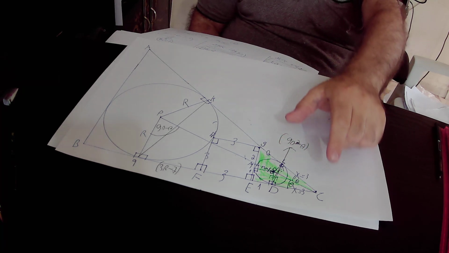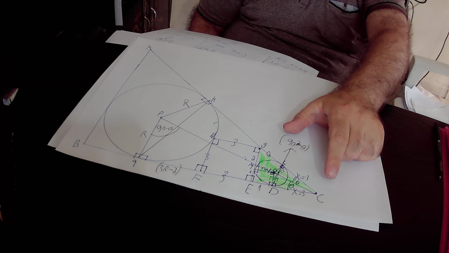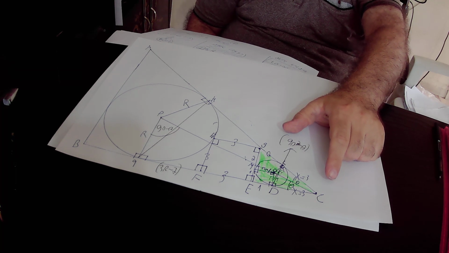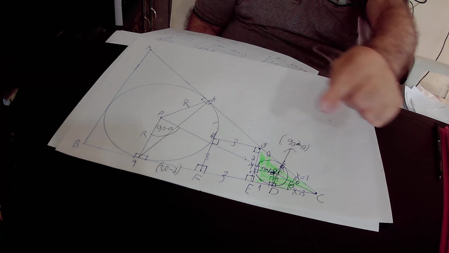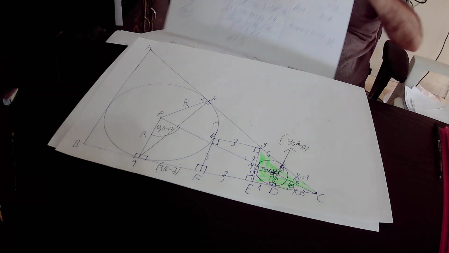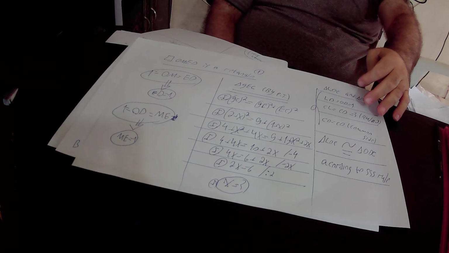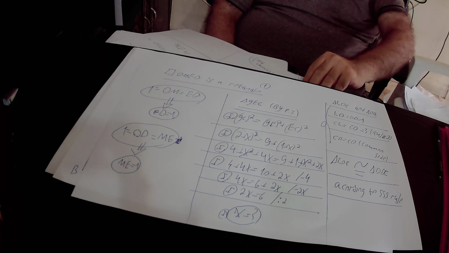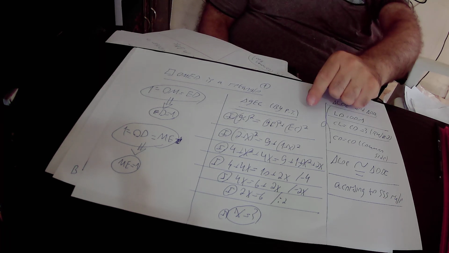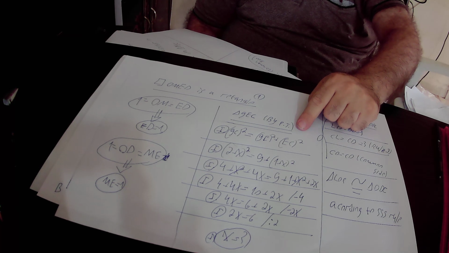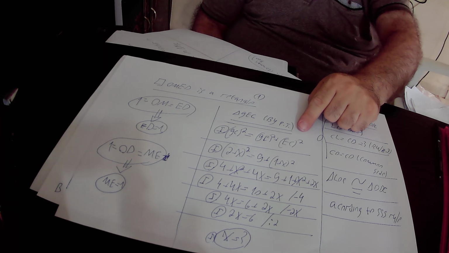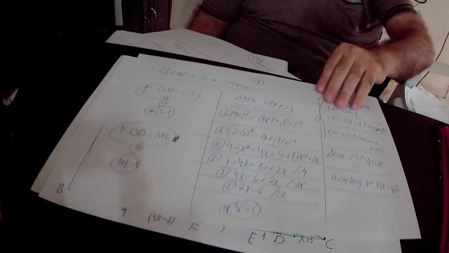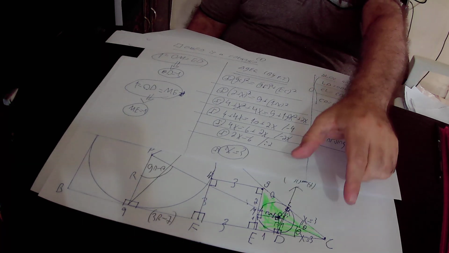According to the Pythagoras theorem on this right green triangle, GC squared equals GE squared plus EC squared. Repeat again. In the right green triangle, triangle GEC, GC squared equals GE squared plus EC squared. Okay. What is the value of GC?